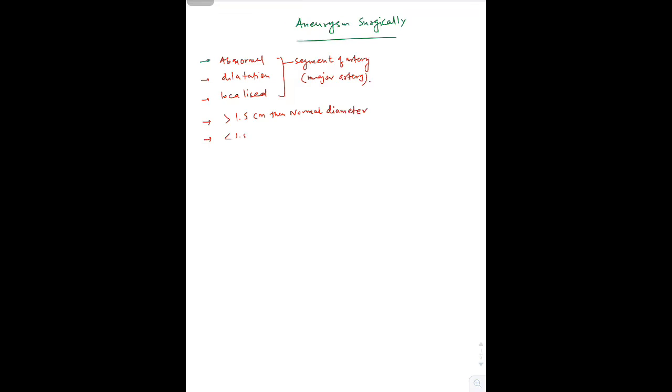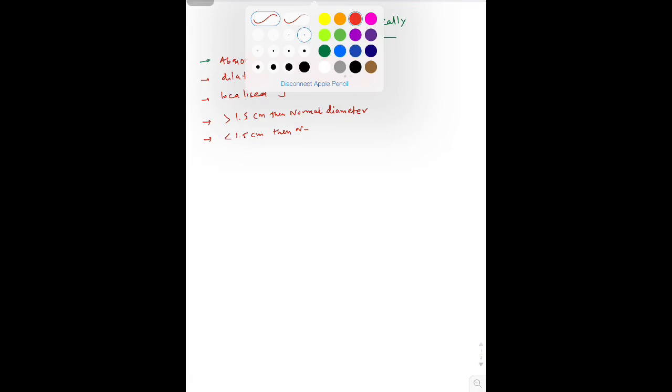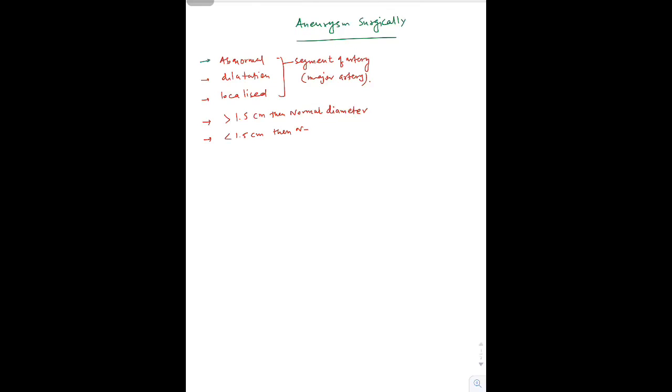And if it is less than 1.5 centimeter than normal diameter, then it is called ectasia. Please try to remember this word. It is called ectasia. So guys, we saw the definition of aneurysm and when it is called an aneurysm.